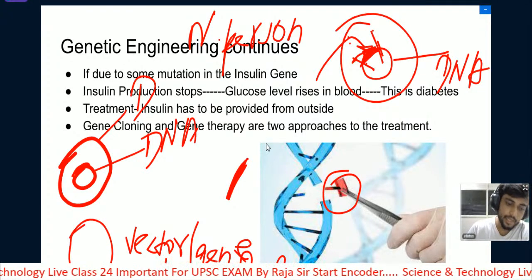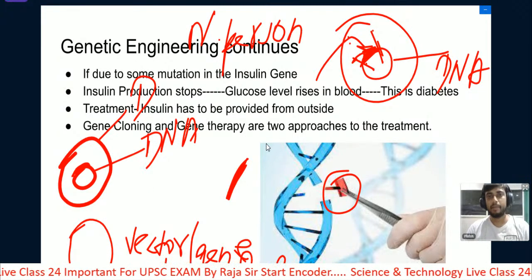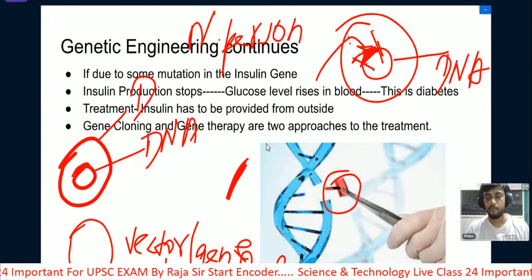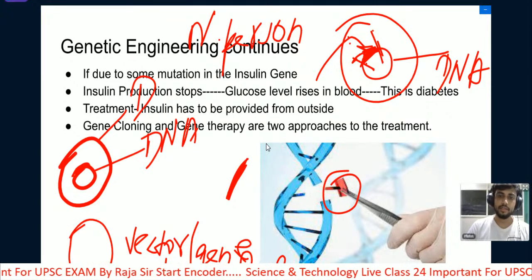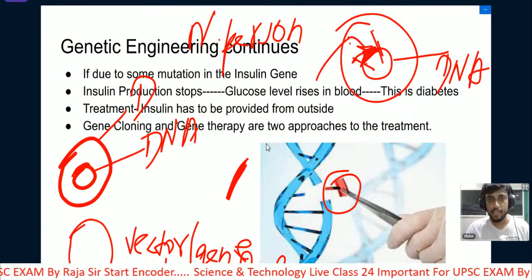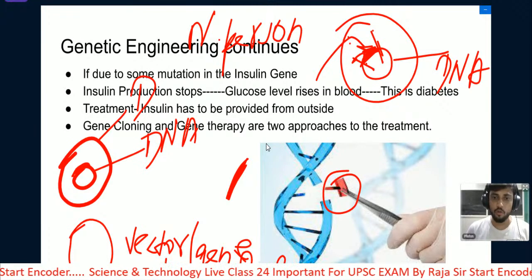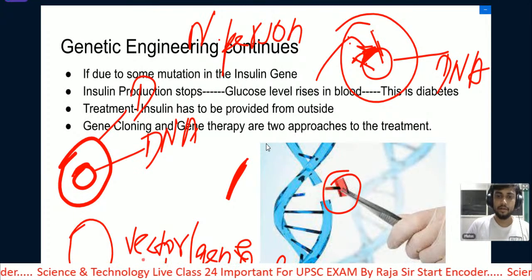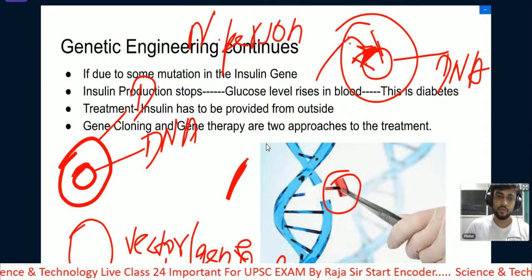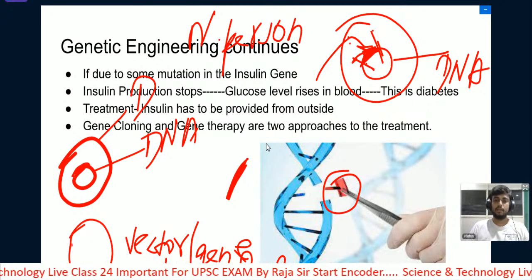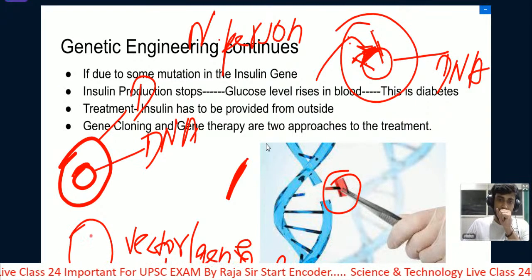This vector DNA is derived from bacteria or viruses, because the genetic structure of bacteria is in the simplest form. So they use vector DNA from bacteria or fungi.